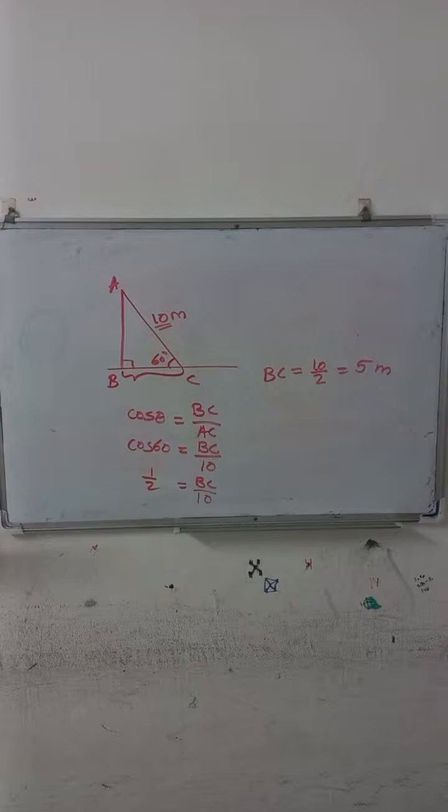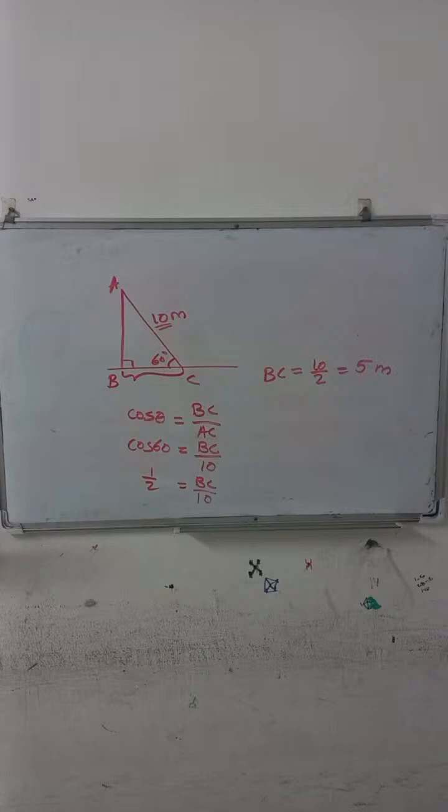If the height of the pole is 10 meters, what is the distance of point P from the base of the pole?